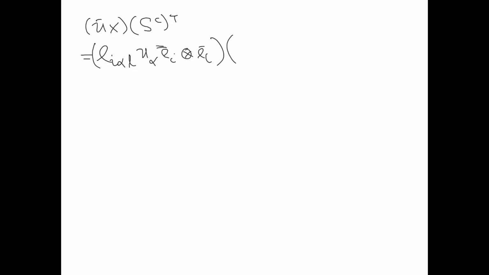And for my cofactor of S transpose, I had half alternating symbol ε_jab, ε_βcd, S_ac, S_bd, e_β ⊗ e_j, because you know it's a transpose, so I've swapped the basis vectors, e_β e_j.